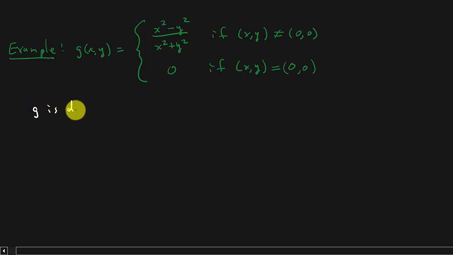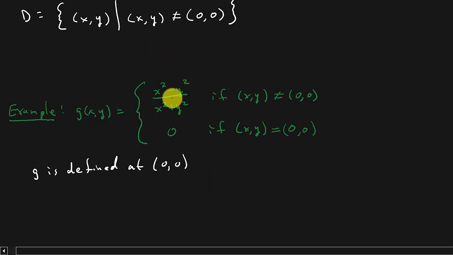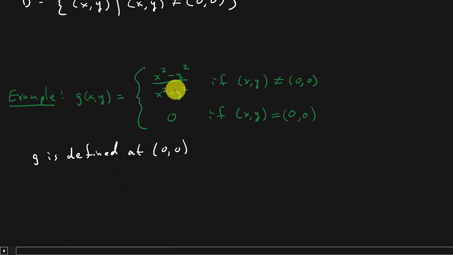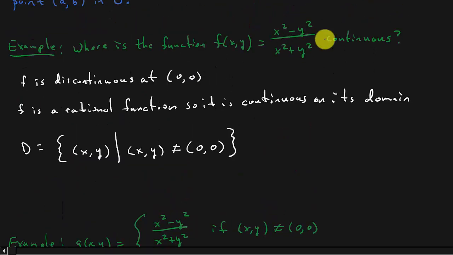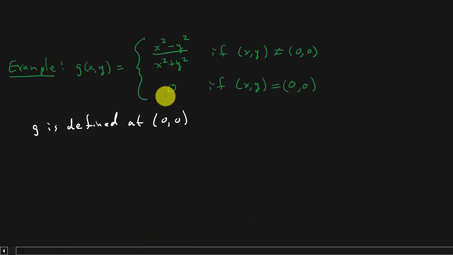So, see, if you notice, this is the same rational function as we had up here, right? And it wasn't defined at (0, 0), but now you see the piecewise function we have here. Now they're saying, oh, at the point (0, 0), this function g(x, y) is equal to 0. So it's defined there now.